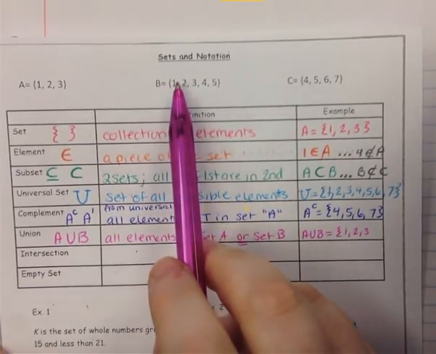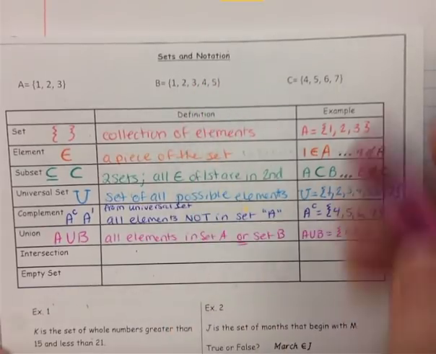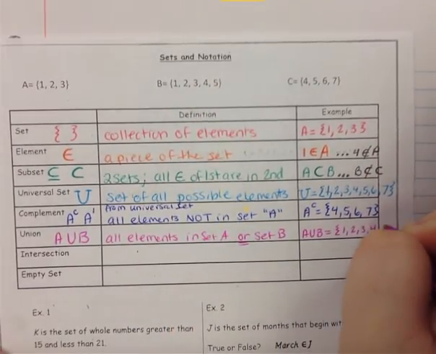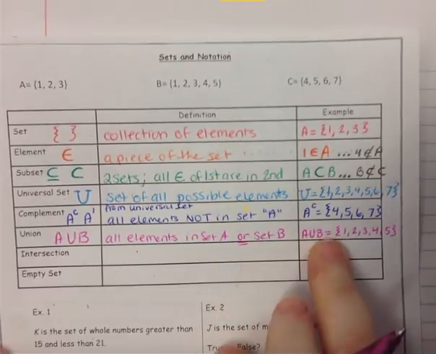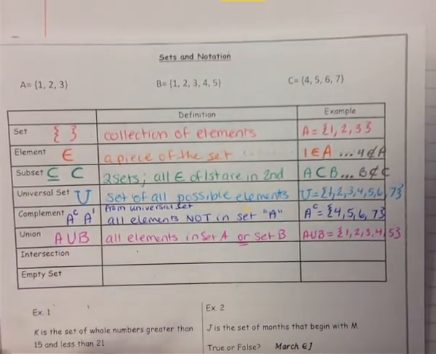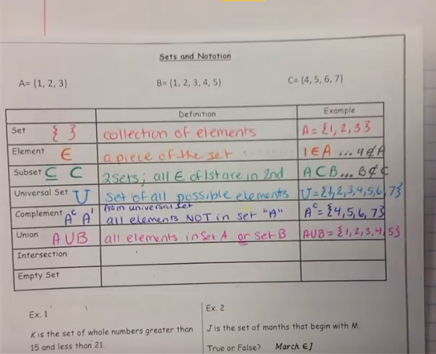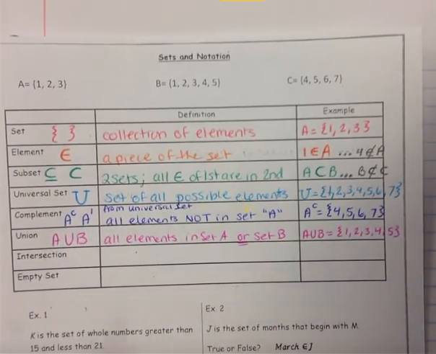So I don't have to write out the 1 or the 2 or the 3 again. So we can write out the 4 and the 5. And that's the union of A and B. We find everything that's in A, we write it down. Everything in B, we write it down.